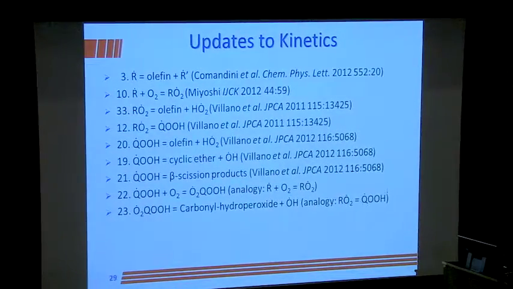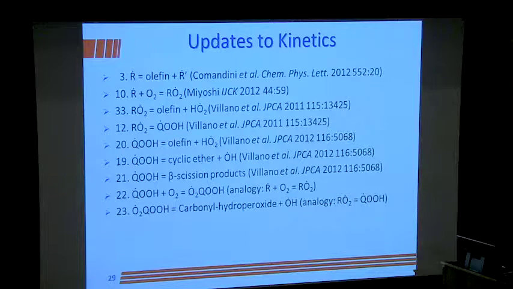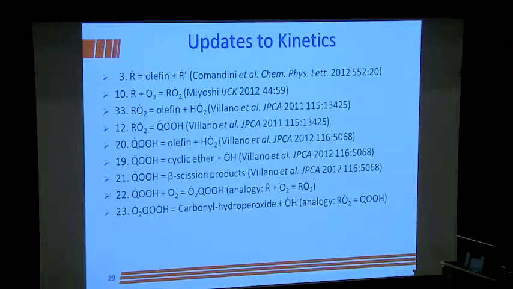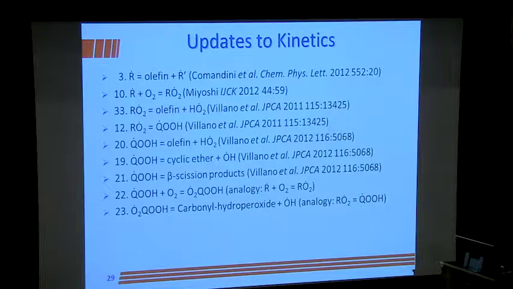Professor Miyoshi in Japan looked at alkyl radical plus O2 rate constants. And I've shown you this already. Stephanie Villano looked at all these ones. So RO2 giving you olefin plus HO2, RO2 isomerizations, hydroperoxy alkyl giving you olefin plus HO2 also, cyclic ethers plus OH, and beta decomposition products. All of those. Okay?